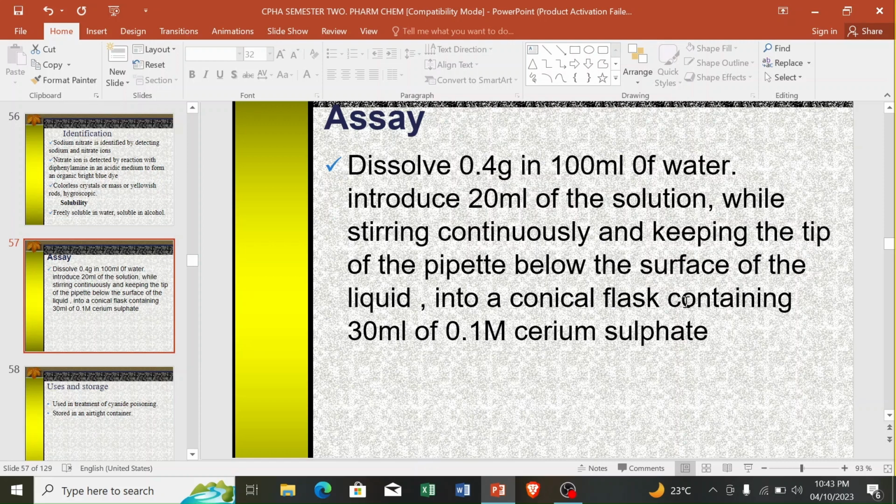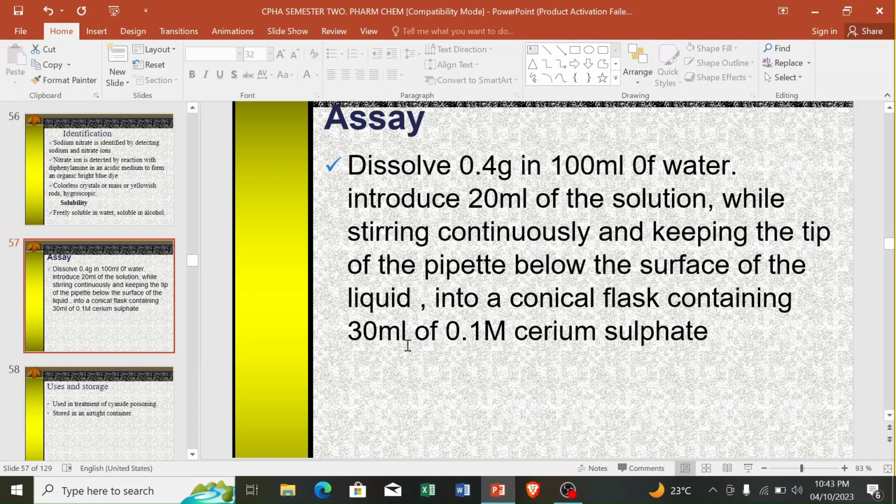After, you need to have a burette, and what you are putting in the burette is what we call ceric sulfate. You are putting 30 ml. So this is what happens: ceric sulfate, and then you have your sodium nitrate.